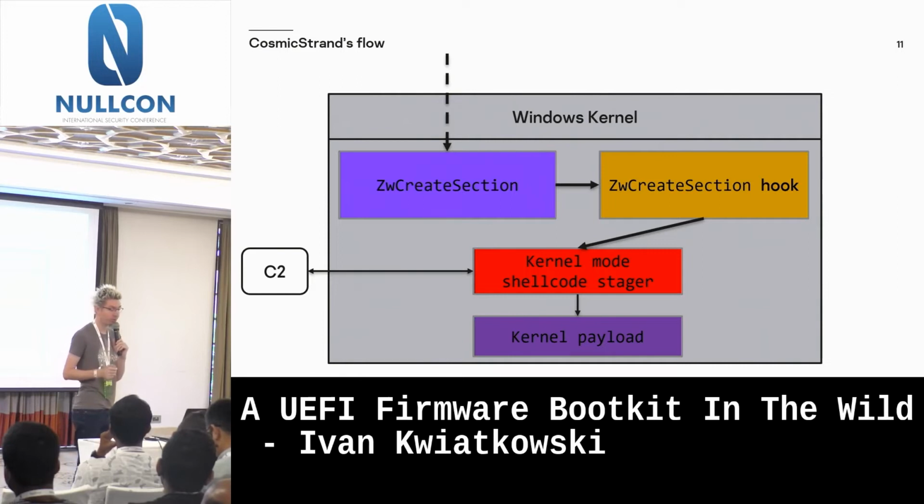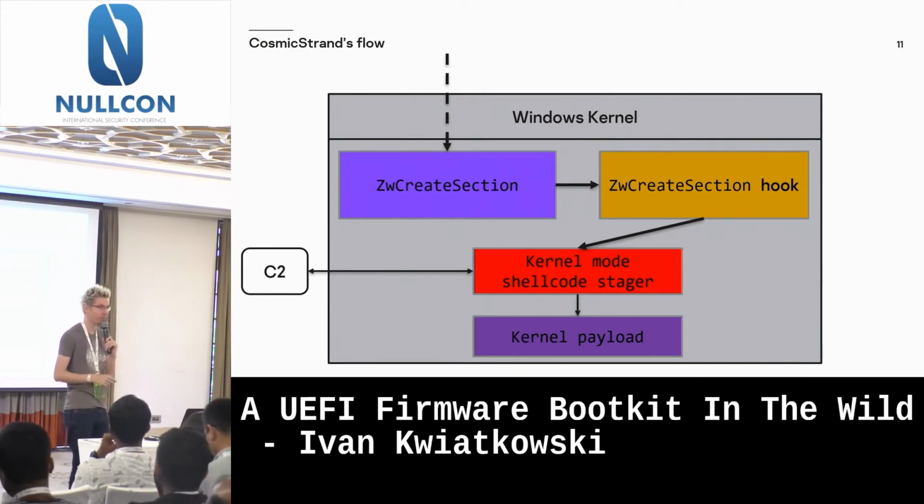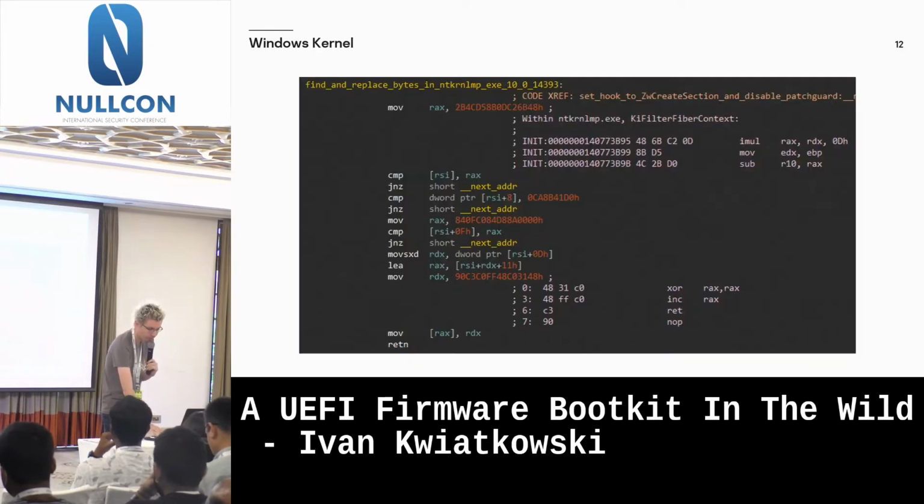The malicious code is copied into the image of ntoskrnl.exe. And then the first bytes of ZwCreateSection are overwritten to redirect to this new code that they added. Here I skipped a little bit of implementation details about shellcode tricks that are used in order to figure out exactly the address of the malicious code. It's a part that is a little complex, and you can find more details about it in our blog post.